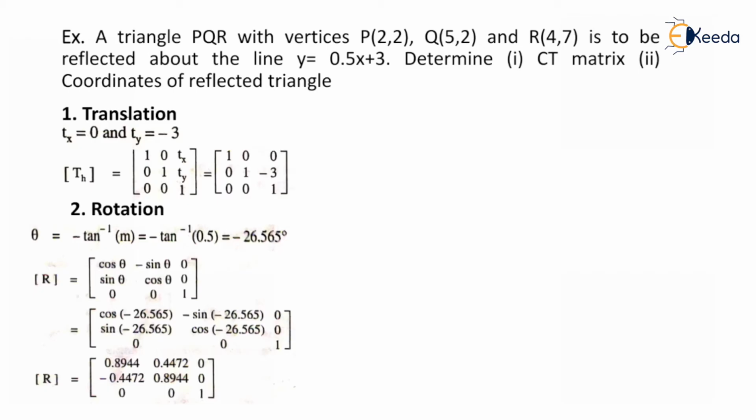Okay, so rotation is given, we have to put the minus value, and what we get as the R value is 0.8944, 0.4472, minus 0.4472, 0.8944. Remember, whenever you are writing the matrix, you must understand that the third row and third column are always the same in every case.